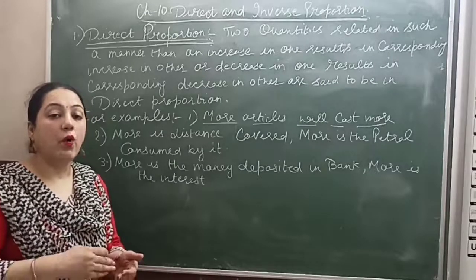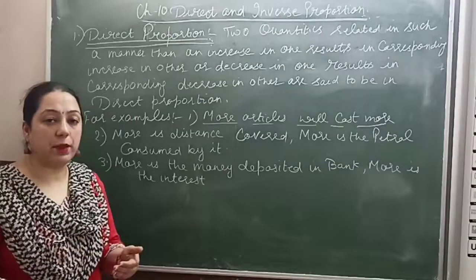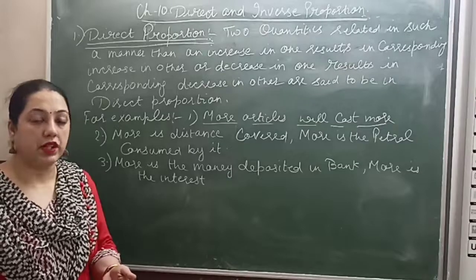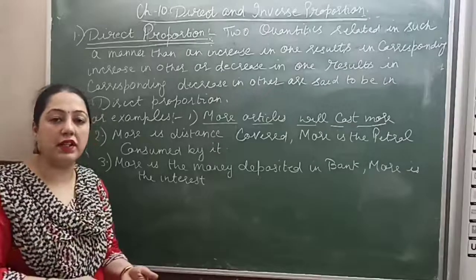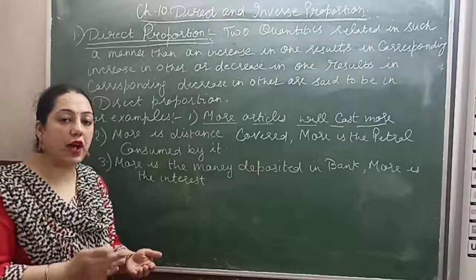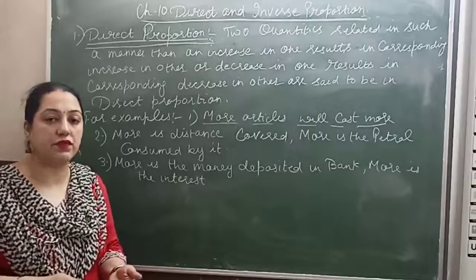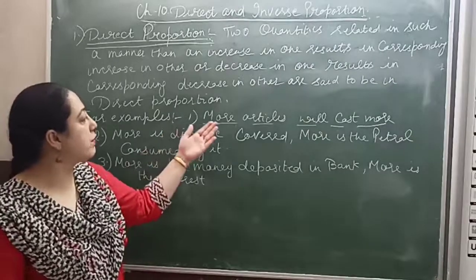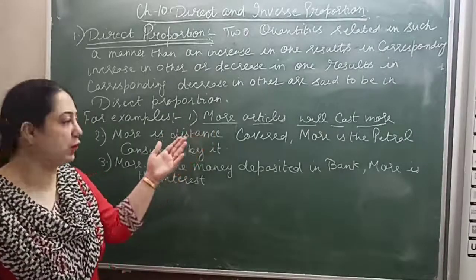It means whenever you increase the quantity of pens, its cost also increases. This is direct proportion. If you decrease the quantity of pens, that is, rather than 10 pens, if you want to buy 5 pens only, then its cost is 50. So these types of variations are direct proportion.